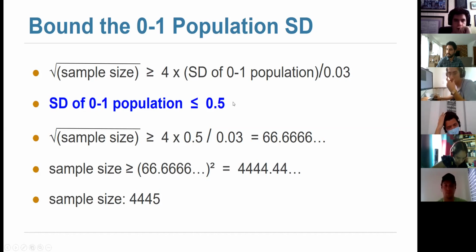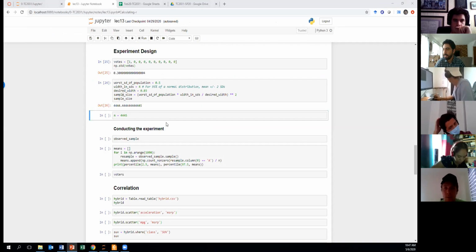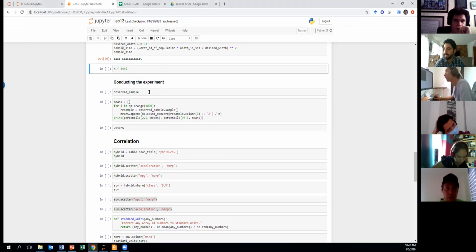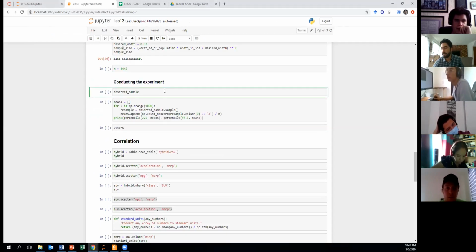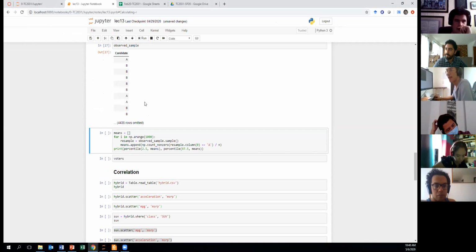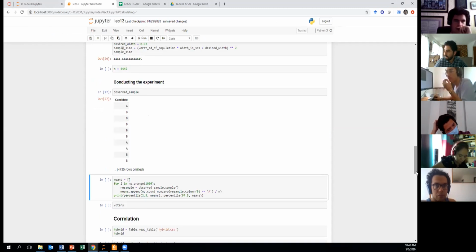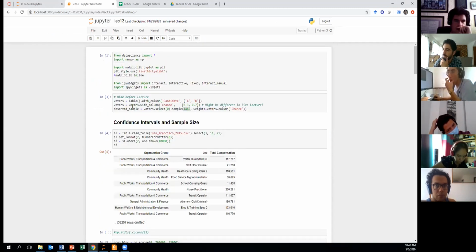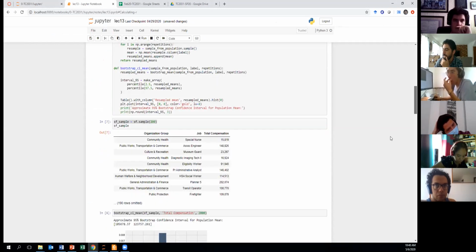So that's what we see here. In the worst case, this standard deviation is smaller than 0.5, so I can calculate my sample size. Let's see whether it really satisfies the condition or not. These are the samples I take from my population. I ran some code earlier because I didn't want you to see that.